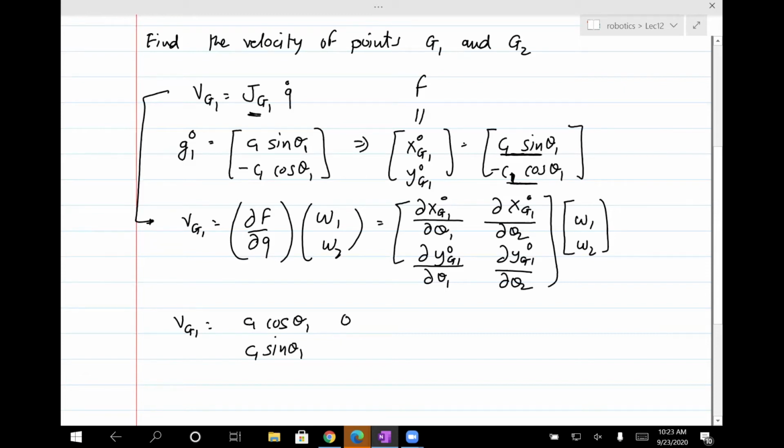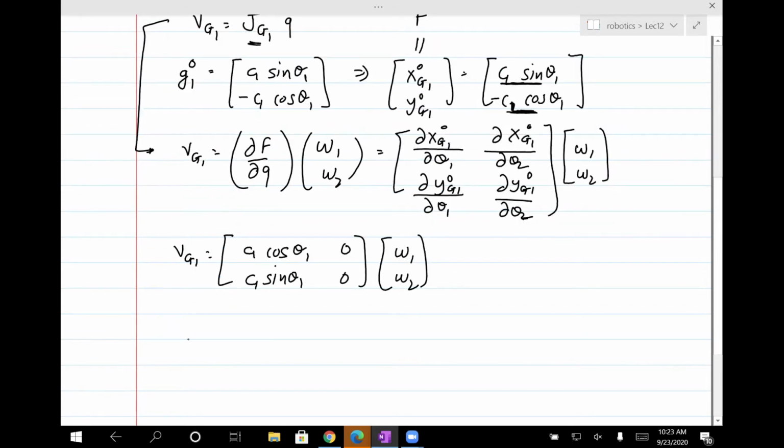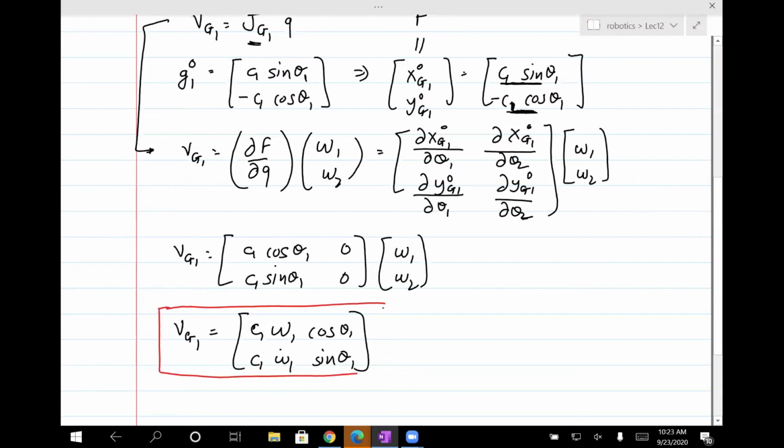And the rate of change of yG1 with respect to theta 2 is 0. So here I have a formula for the velocity of G1: C1 omega 1 cosine theta 1, C1 omega 1 sine theta 1. That's my answer for the velocity of point G1.